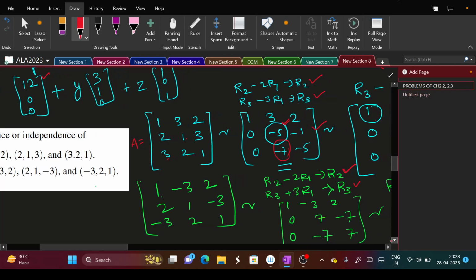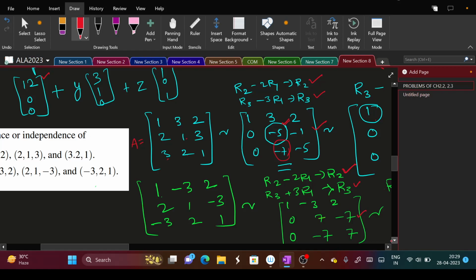The first row remains as it is. Second row: 2 minus 2 into 1 is 0. Then 1 minus (2 into minus 3), that is 1 plus 6, it is 7. Then minus 3 minus 4 is minus 7.